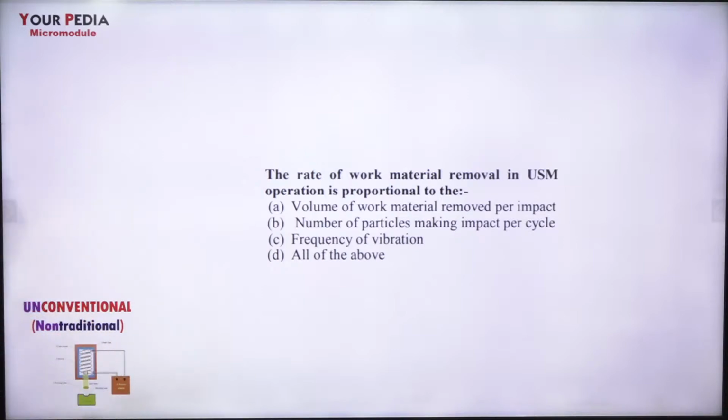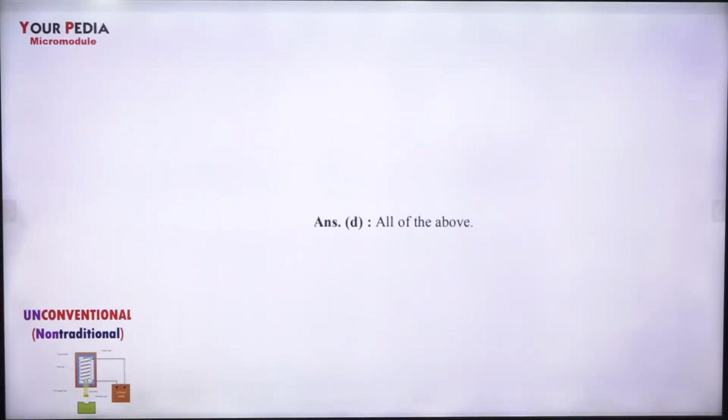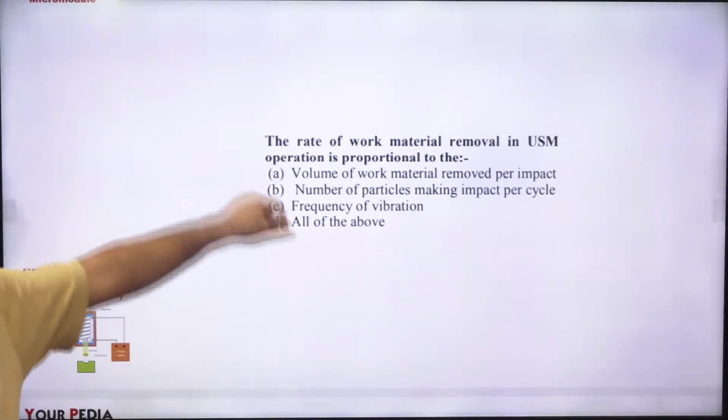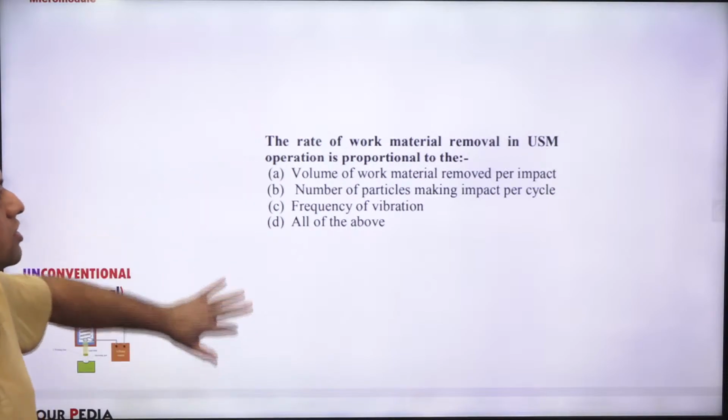Don't blindly put D. You put D only if you are sure that all the things are correct. So you will stop this slide later on and note down all the parameters. The rate of work material removal in ultrasonic machining is proportional to the volume of material removal per impact, number of particles making impact, and frequency of vibration. So it is proportional to all these three factors.